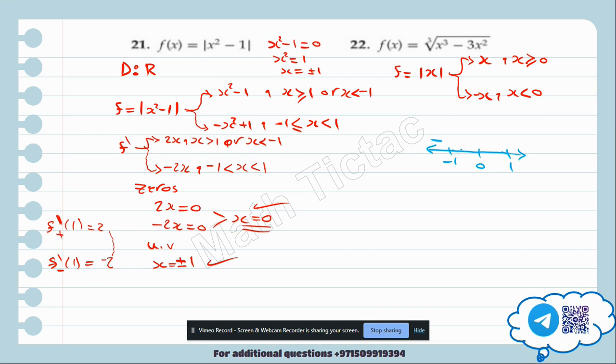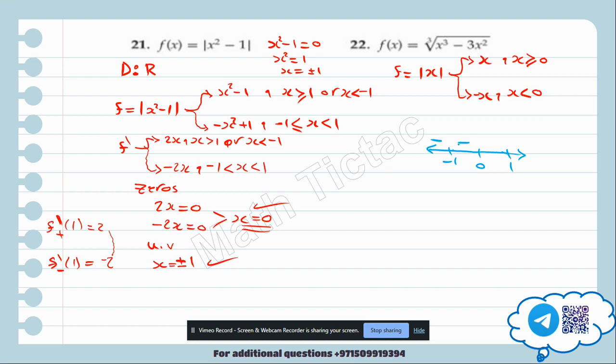Let's see a value between minus 1 and 0, let's say minus 0.5. Now minus 0.5 is not less than minus 1 and not greater than 1. It's between minus 1 and 1. So I'll substitute it over here. Minus 0.5 multiplied by minus 2 is equal to 1.